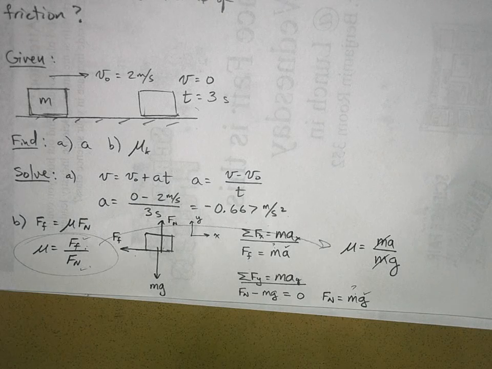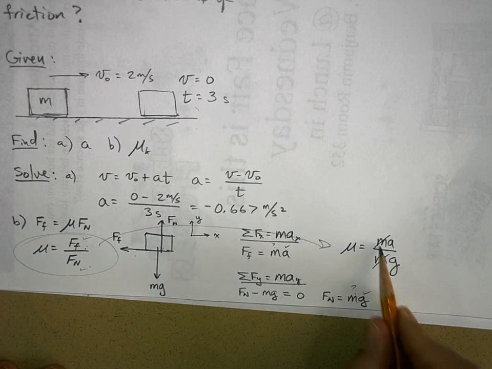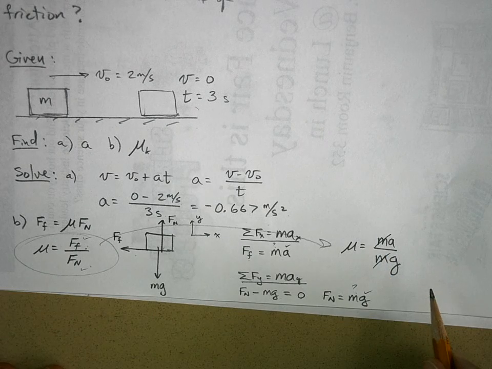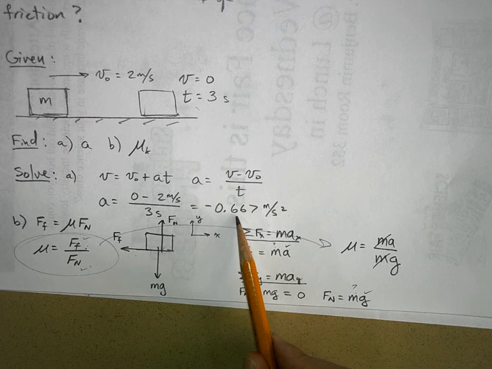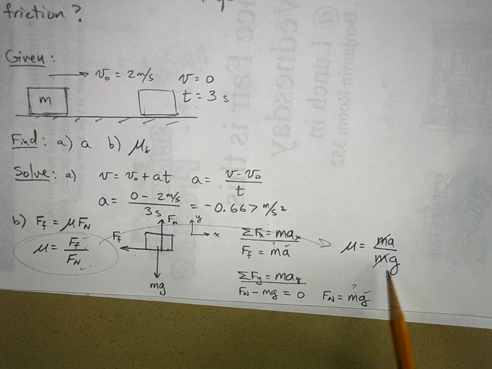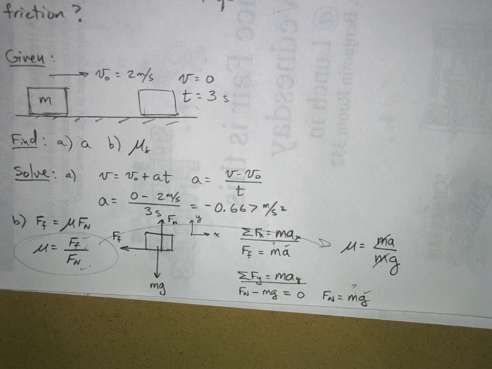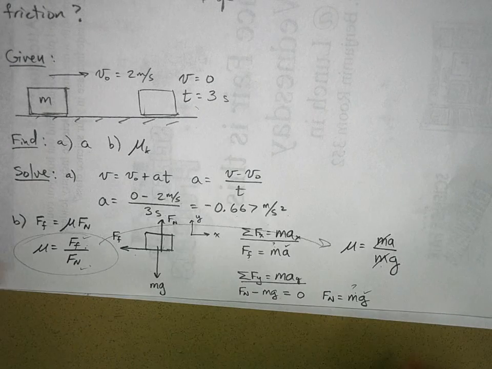Now, if you think you need the mass, you can just keep it as a variable in the expressions and then see if it cancels out, or you can make one up. But what will happen is if you make one up, like if you said 10 kilograms, you would get 6.67 here, and then here you would have 98 newtons, and then when you do the division, you'll get the same answer.